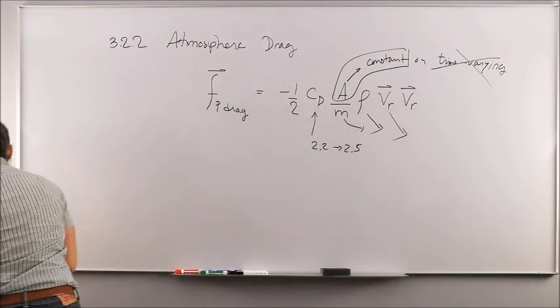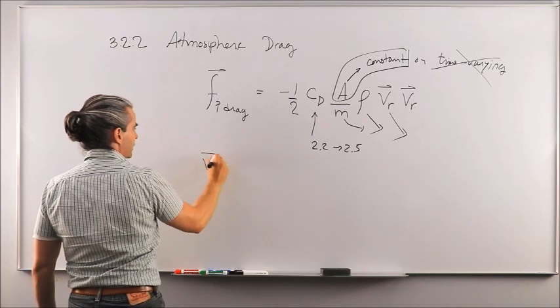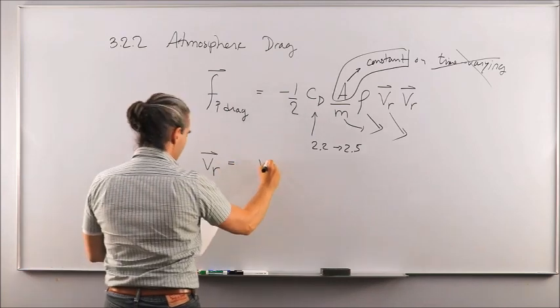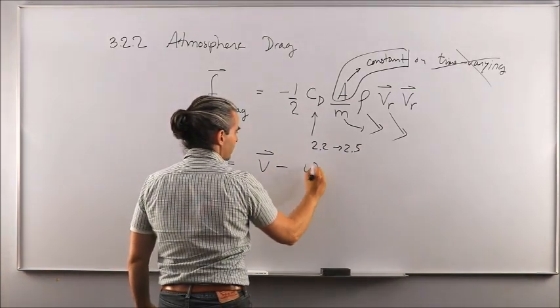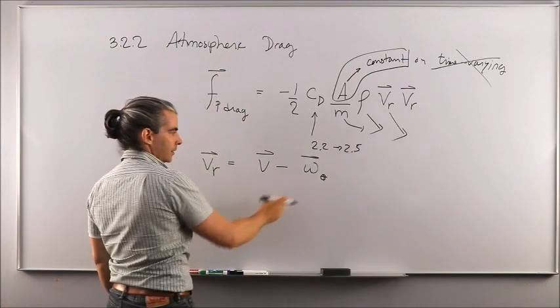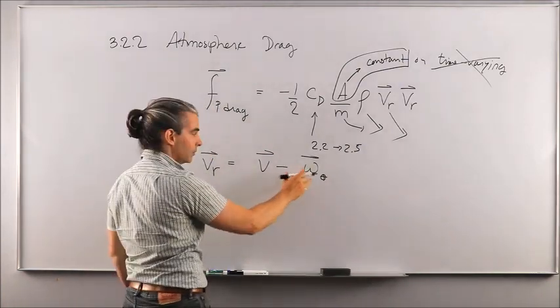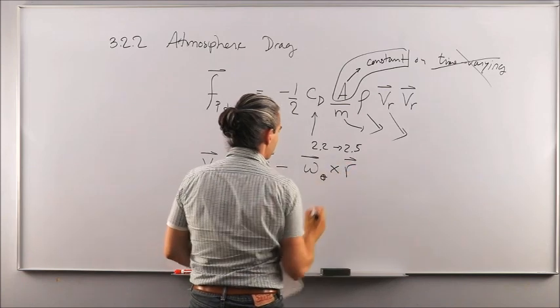So in terms of mathematical relationship, we can model this last term as being the velocity vector of the spacecraft minus the angular rotation of the Earth about its spin axis, that's your 2 pi per day, more or less, cross product with the current position vector.